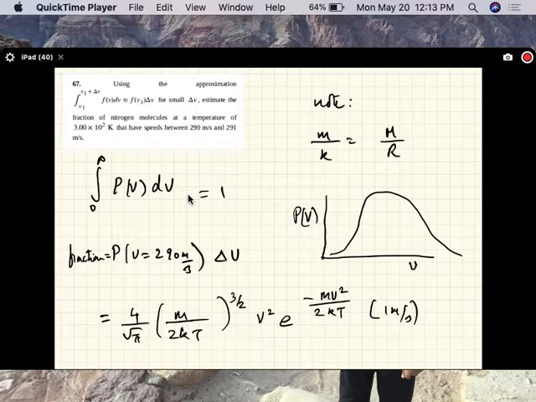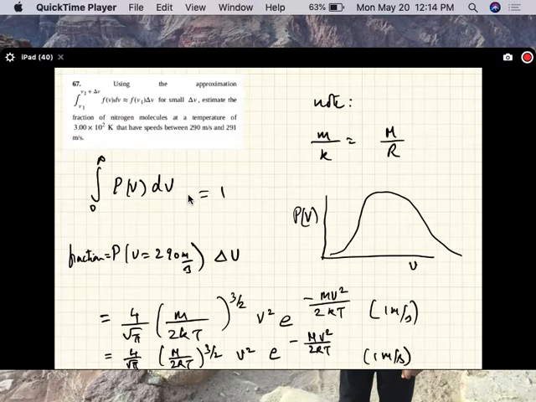Since there is almost enough space, I will write it right here. M stands for molar mass: v squared e to the power minus M v squared over 2RT, times 1 meter per second. Okay, and that's what we want to evaluate.